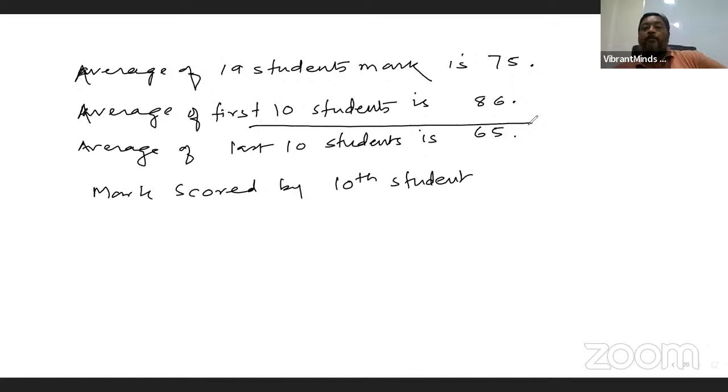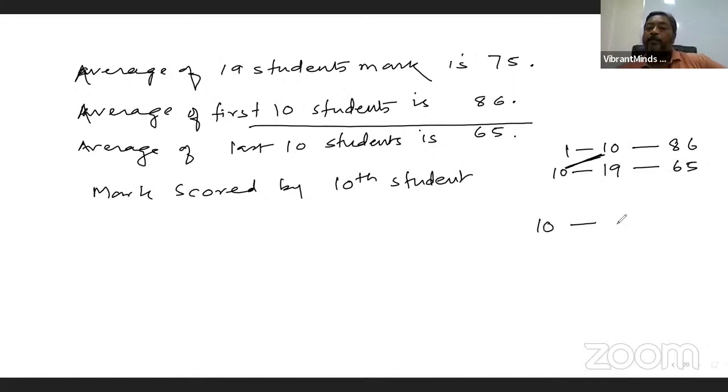First 10 students means 1 to 10 and average is 86. But last 10 means 10 to 19 and that average is 65. So see, the 10th is being counted 2 times. You remember this, always. So we have how much?